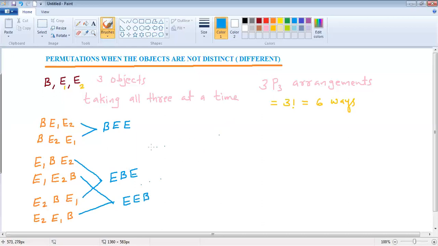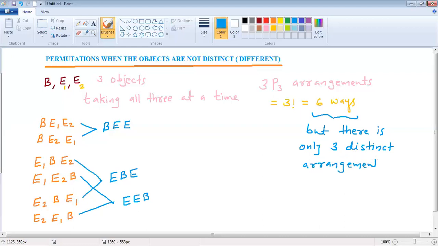So even though 6 arrangements are there, there are 3 repeating. So that means there are only 3 distinct arrangements. So you can see that.